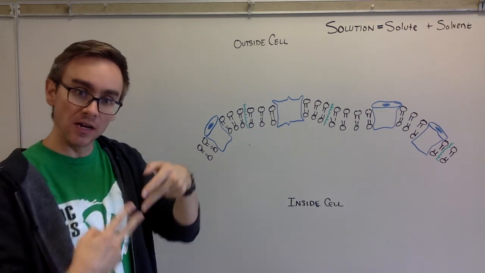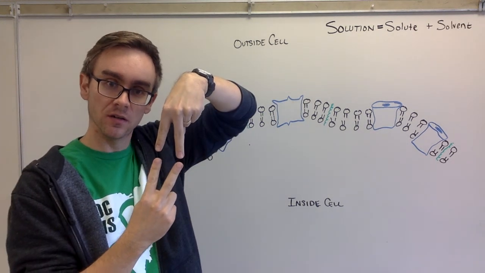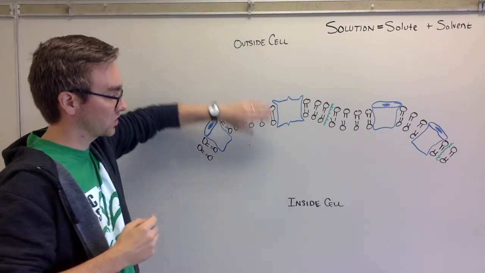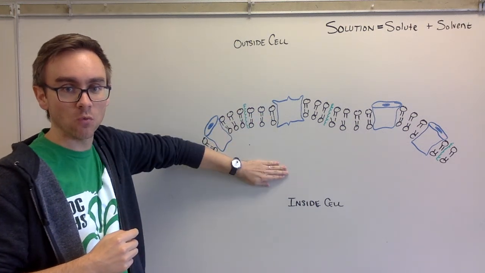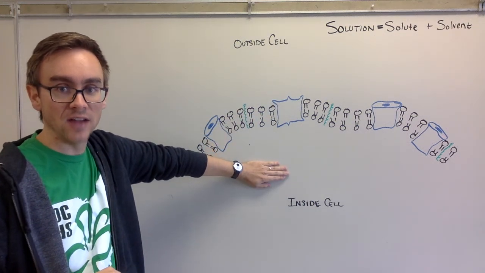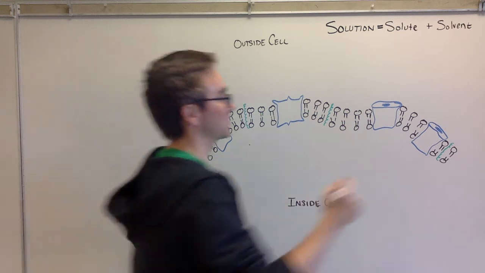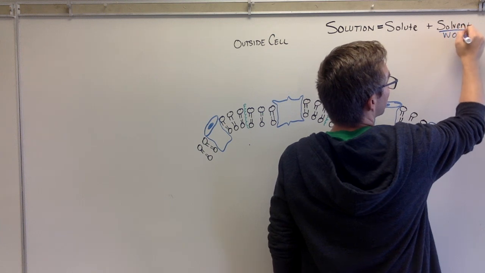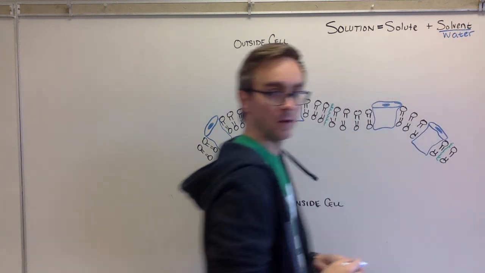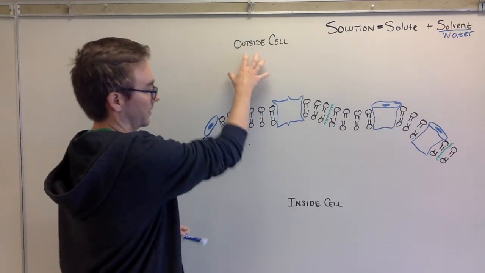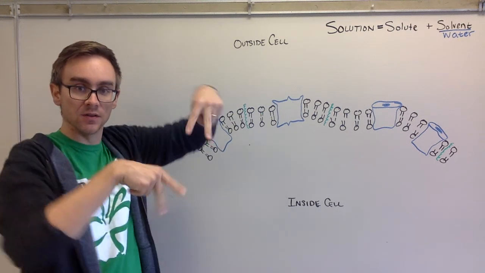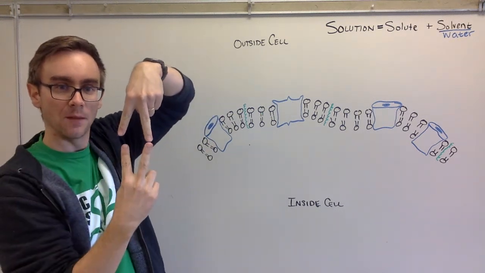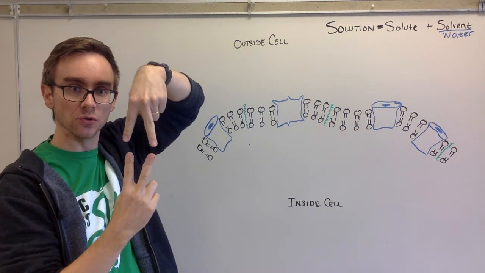Now remember, those tails are facing towards each other because what they're trying to avoid is that solution on the outside that has water, and on the inside that has water. Remember, that solvent, most of the time, is water. And it's avoiding that water here and the water here. So those tails point opposite. So there's water on either side of the solution.